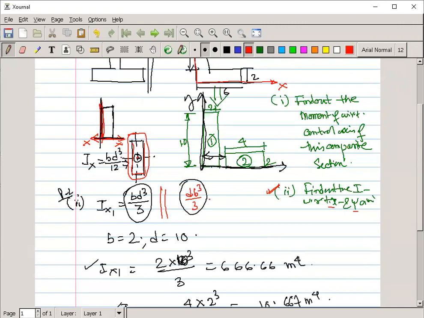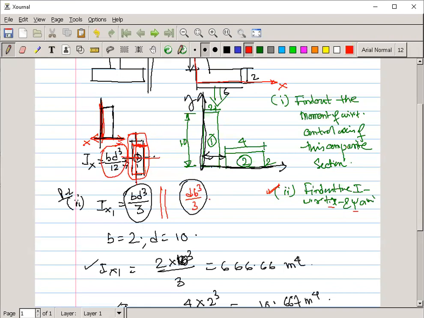If the axis passes through that centroid, we have to find the moment of inertia. For that, last class I showed that we take a small elementary stripe and integrate. In such a manner you can find bd cube by 12, right?